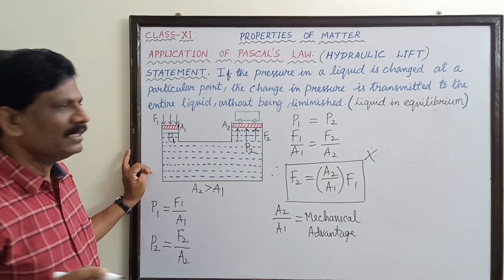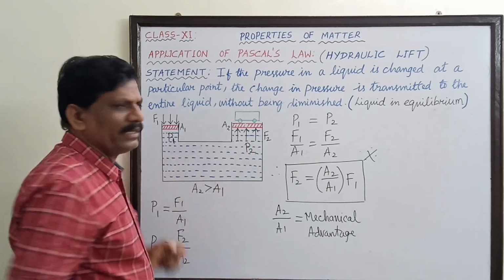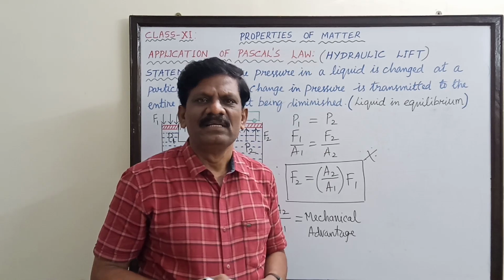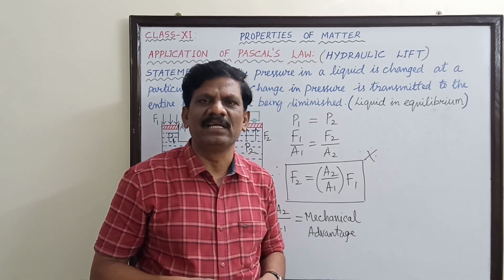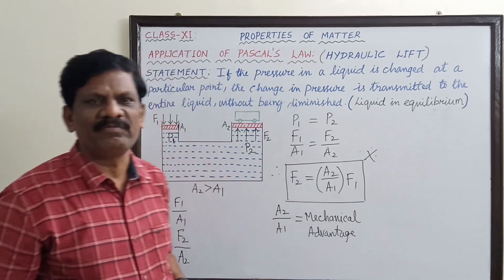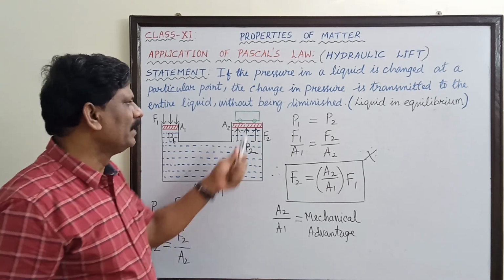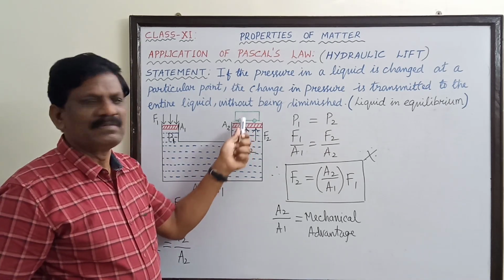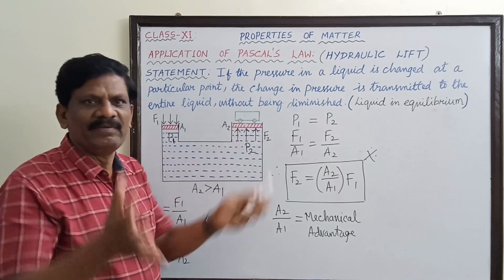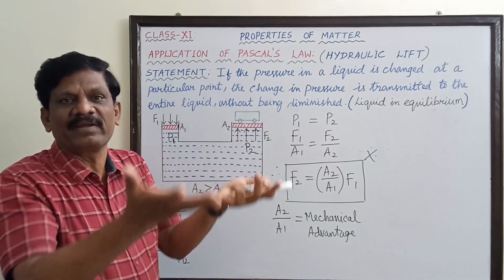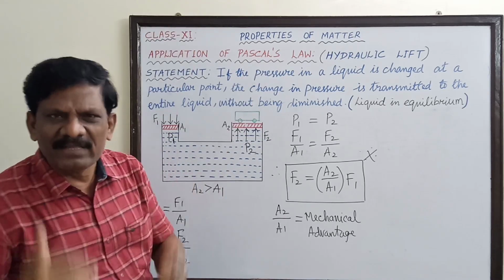Now in hydraulic service stations, automobile service stations and all, they use a hydraulic system for water washing the bus, lorry and all, for cleaning the bottom parts of the bus. They keep it on a platform and it rises to a greater height with less force.